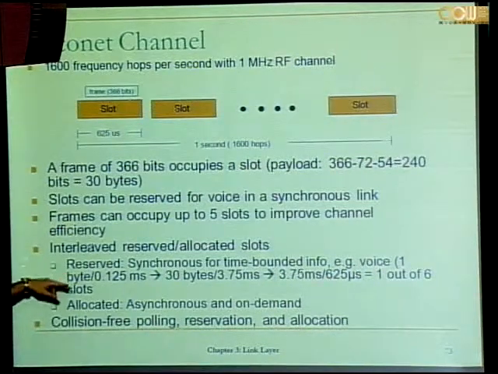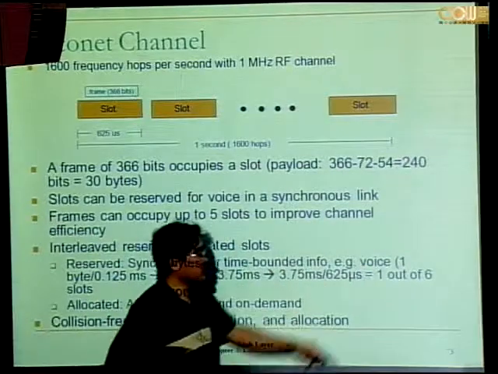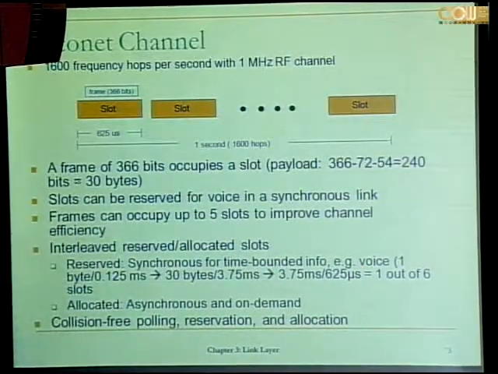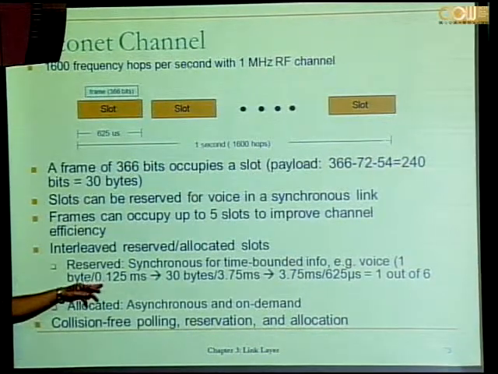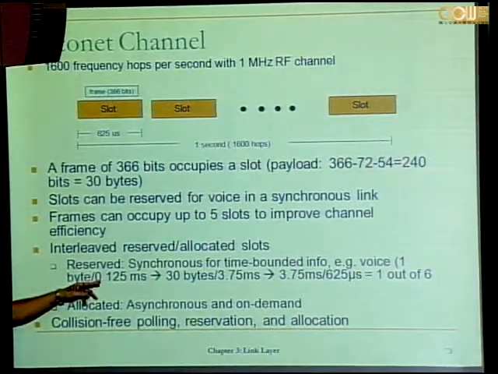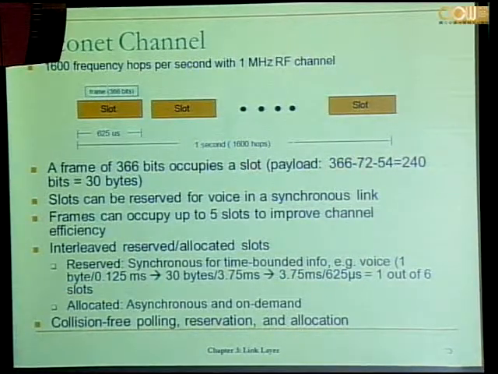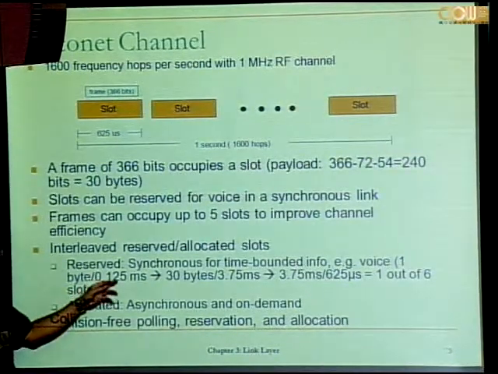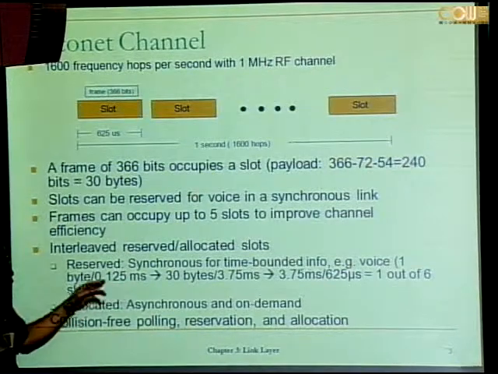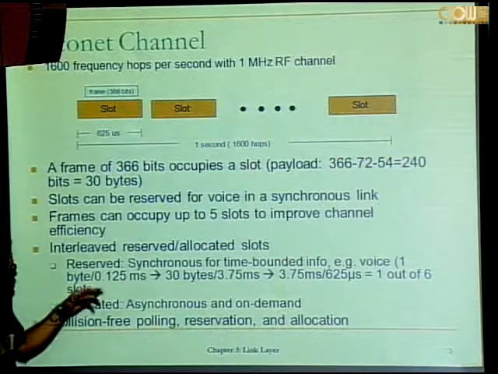For example, for a voice call, suppose the voice source needs to be sampled 8,000 times per second. If you sample 8,000 times per second, then each sample is 125 microseconds, or 0.125 millisecond.